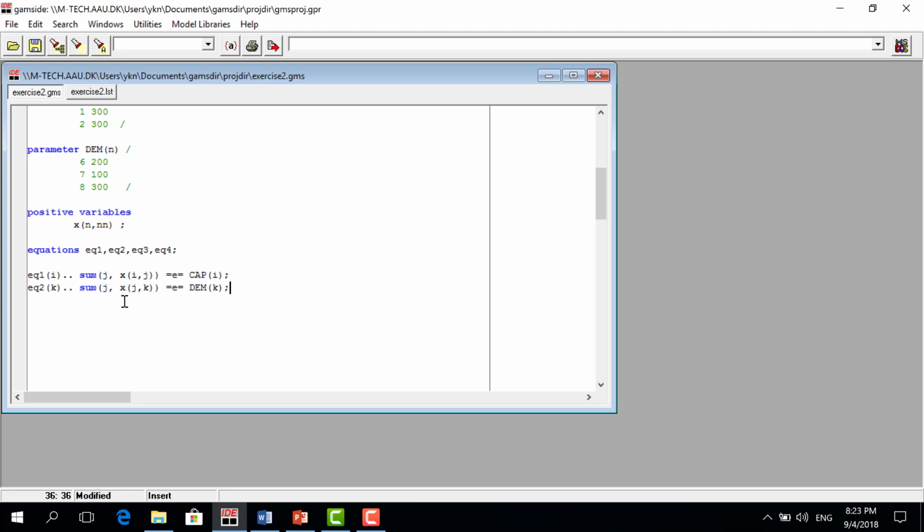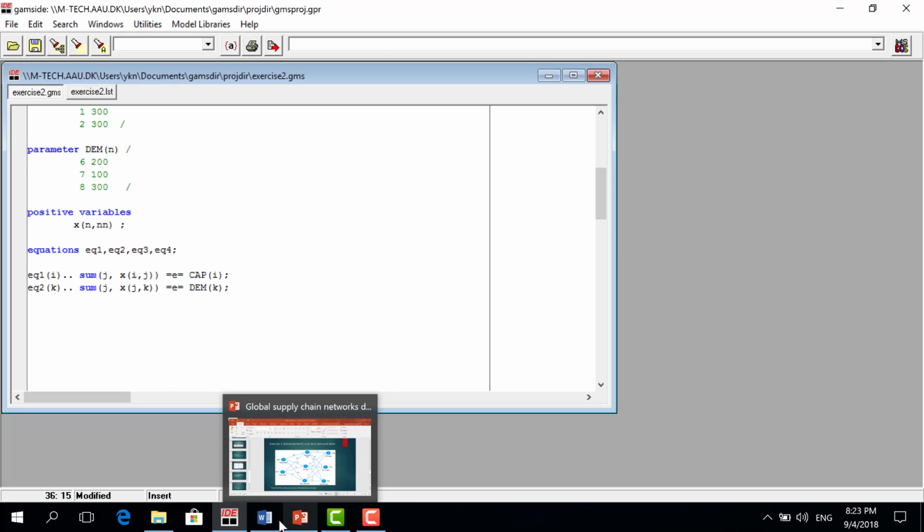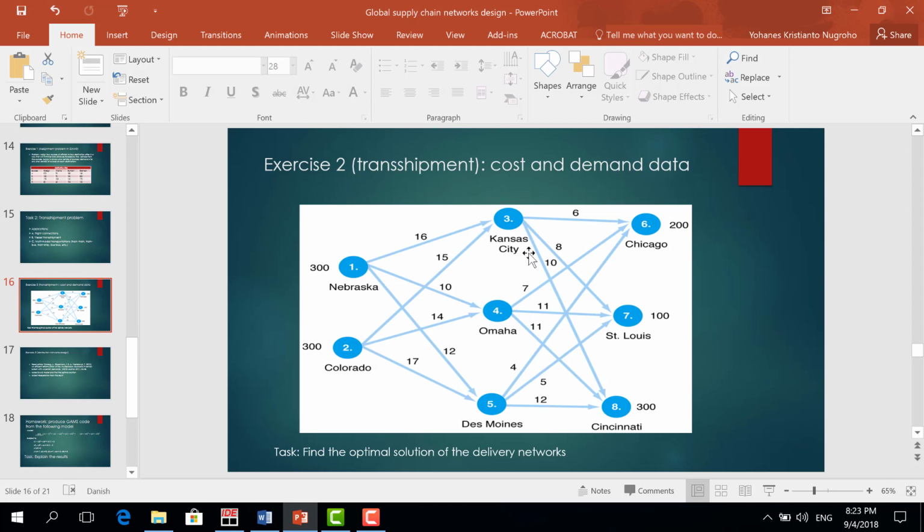The reason is that we have several source j to satisfy demand at a single k here.